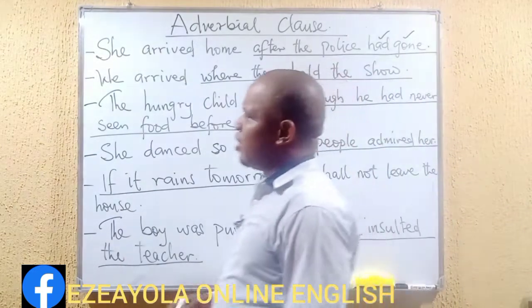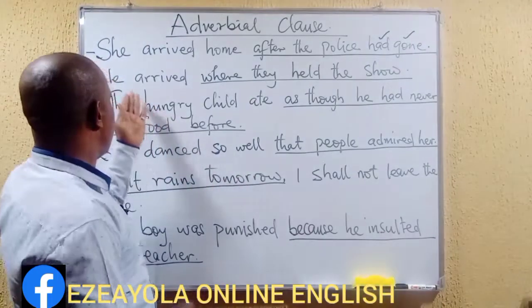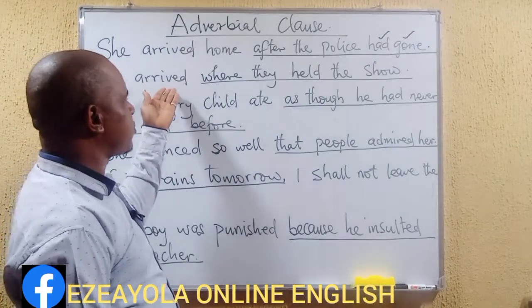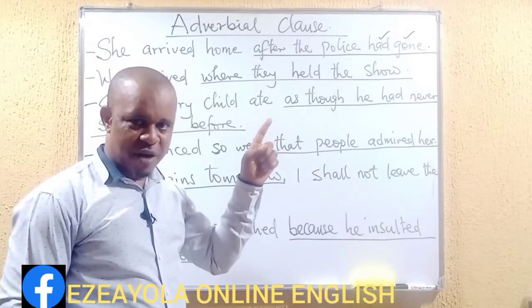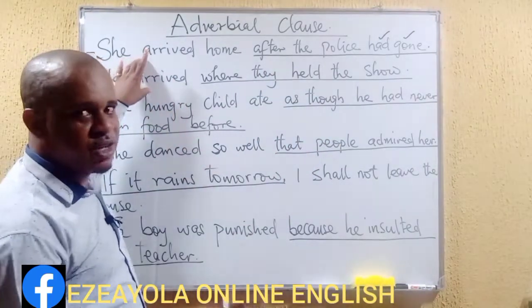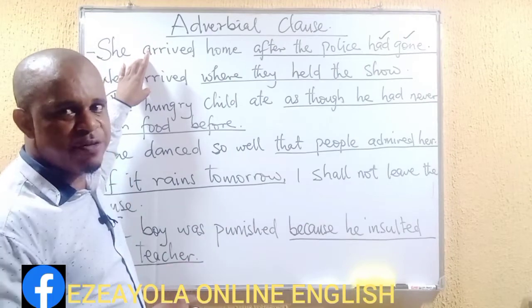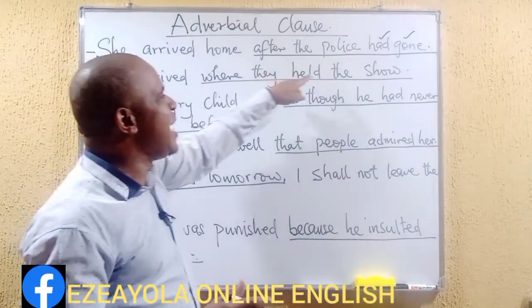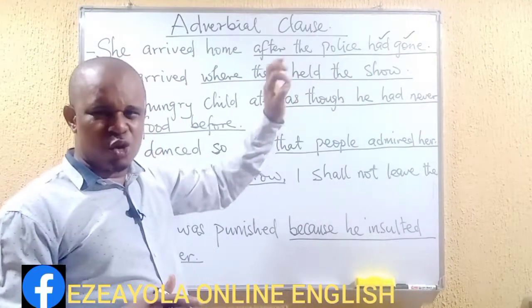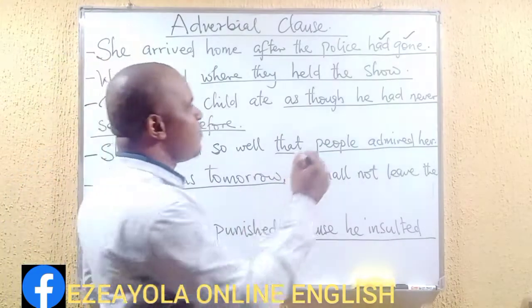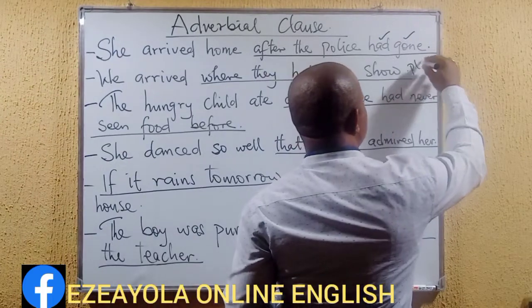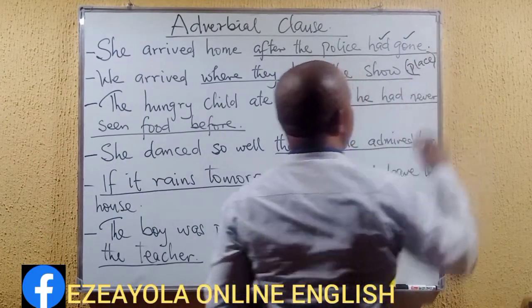All right, let us look at number two. Number two says, we arrived where they held the show. Look at it very critically. We arrived, where was that? Where did we arrive? Where they held the show. This is also an adverbial clause of place, telling us where we arrived.